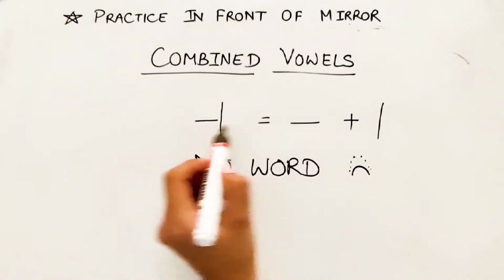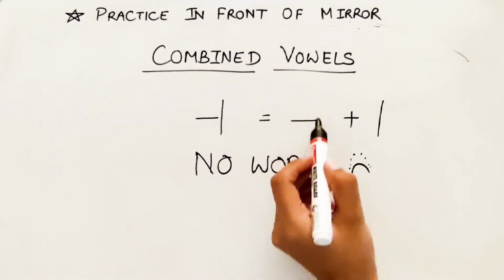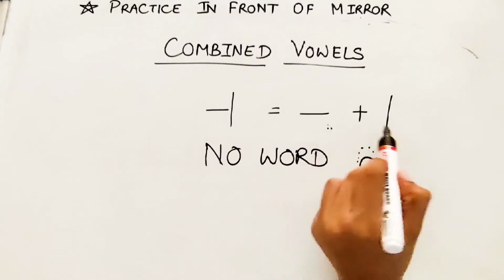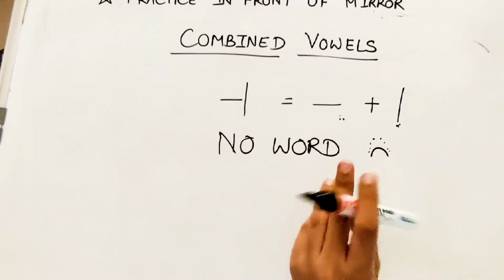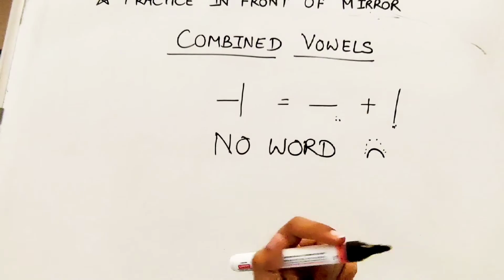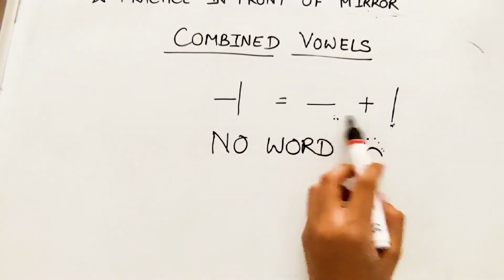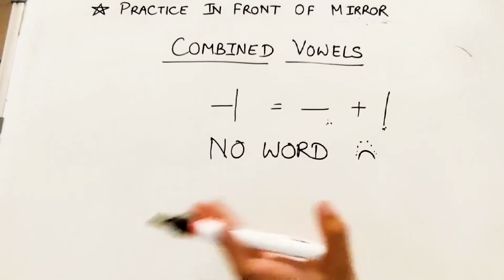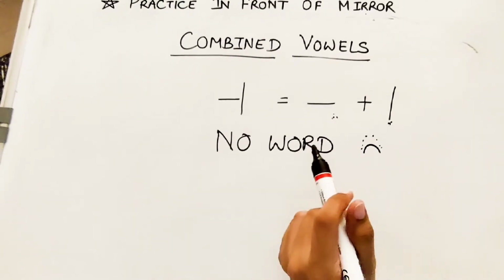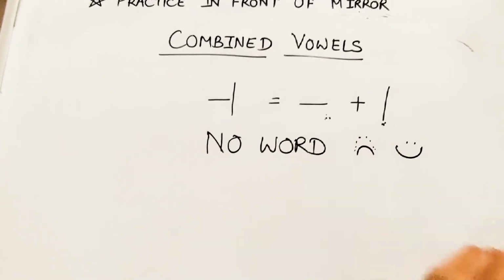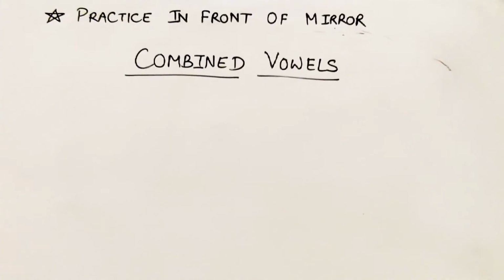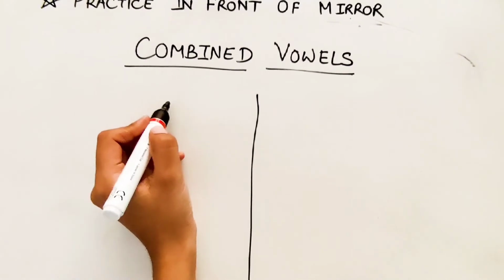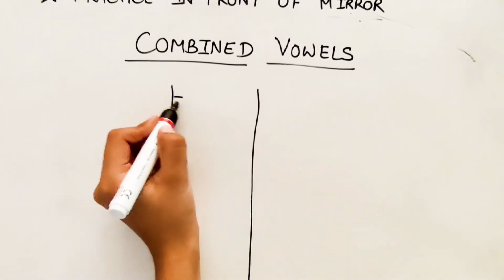So what you'll have to do is say this vowel first, U, and then say I. Say them slowly first and then say them together fast. Like U, I, U, I, U, I, Ui, Ui, Ui. I know it could sound a little bit funny, but if you do it, that's the only way you can achieve the sound of that vowel.